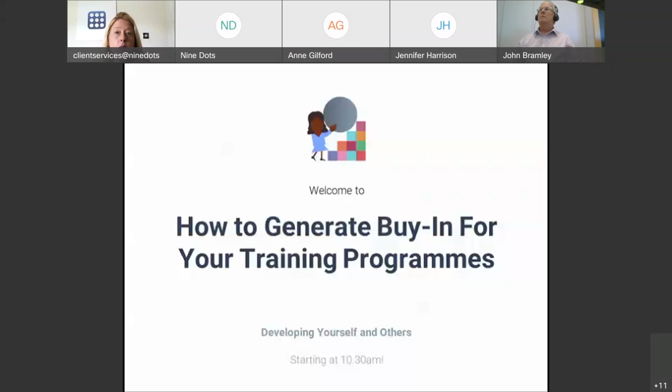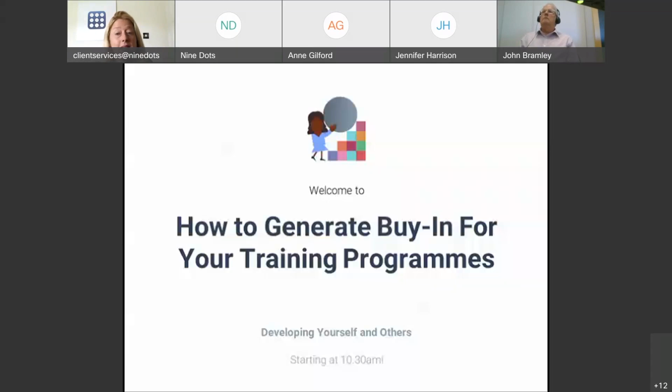Today we're looking at how we can ensure that training appeals to different audiences, how people can use something called the 70-20-10 model that you might have heard of, how we can diversify the way people learn, and overcome any challenges that could prevent that learning from taking place.